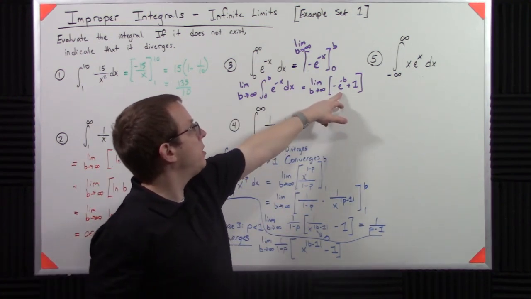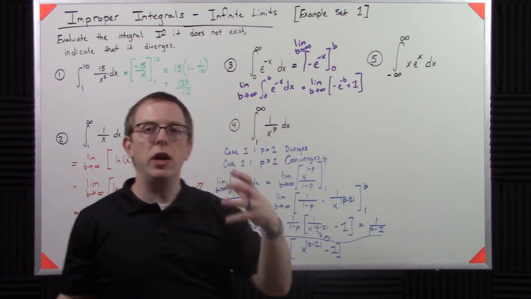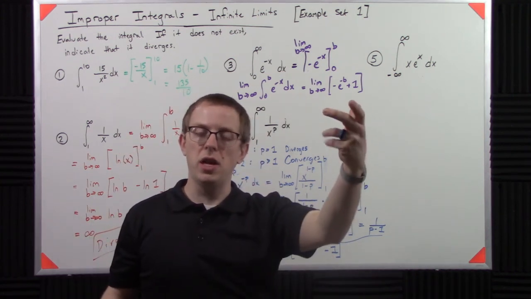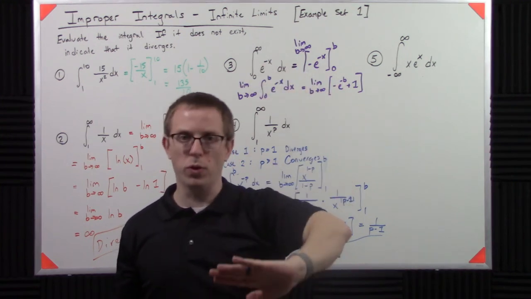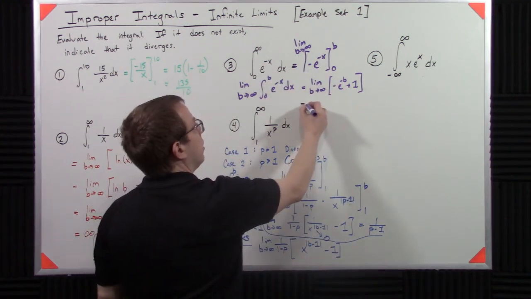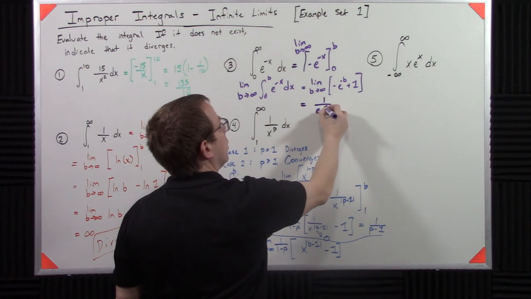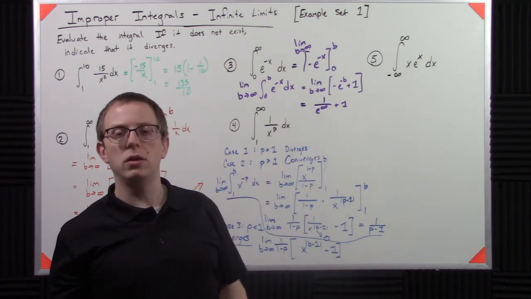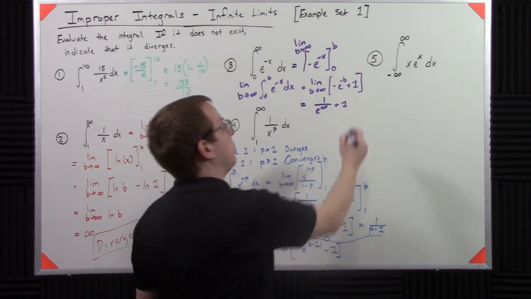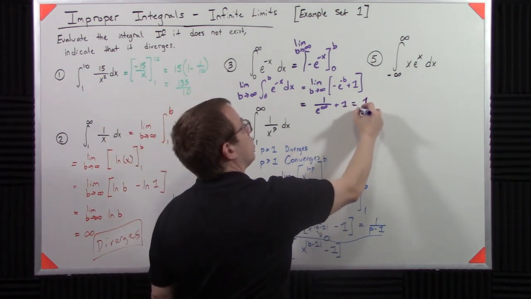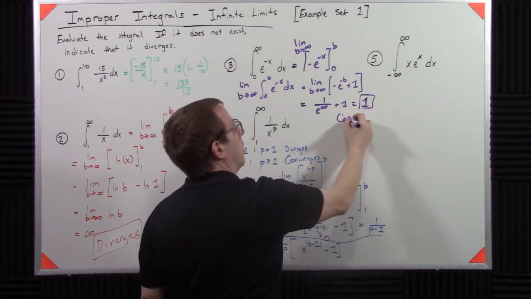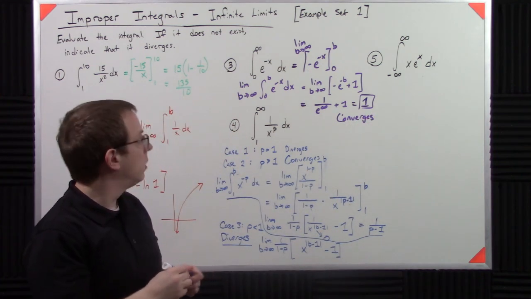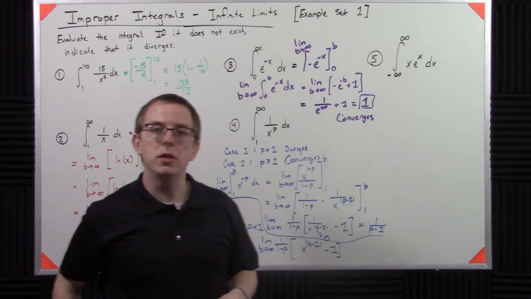Well, as b gets very large, you can think of it as like e to the negative infinity, which is like 1 over e to the infinity. Well, that's a huge number, right? So 1 over a huge number is 0. So the answer is 1, and it converges. So that's kind of an important piece.